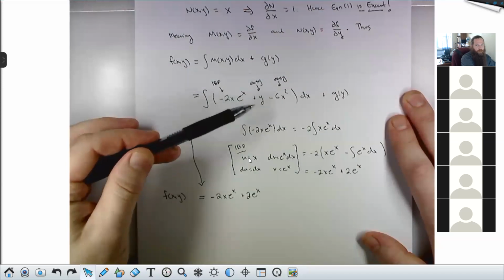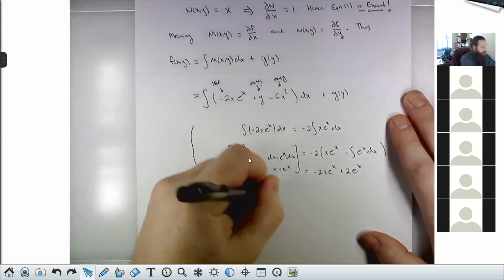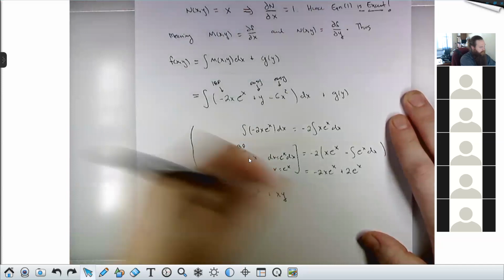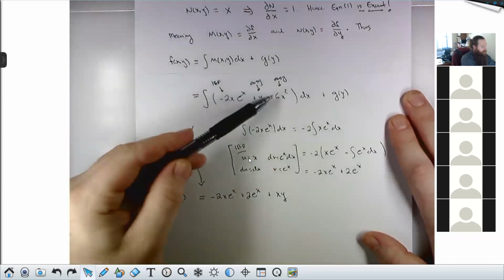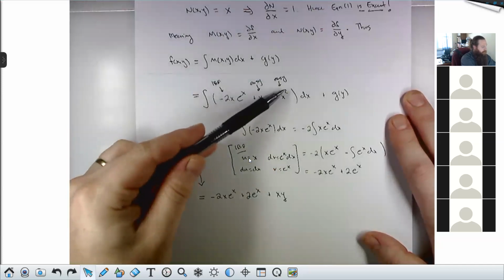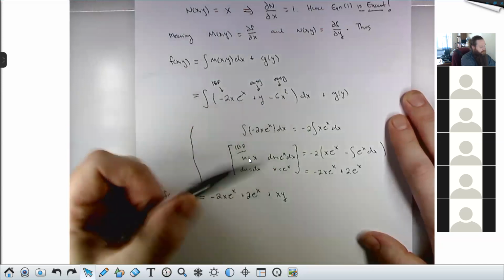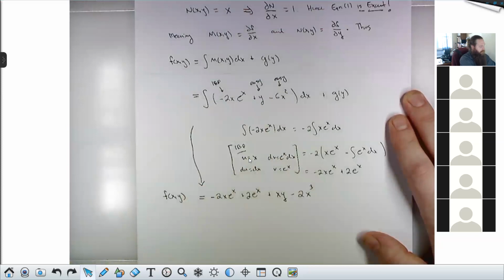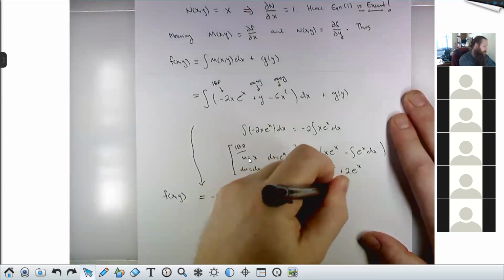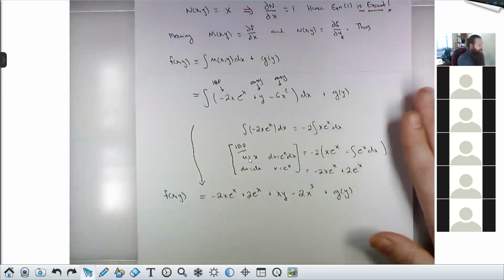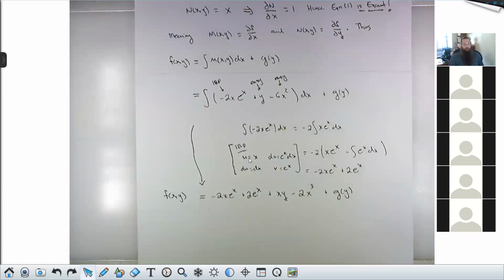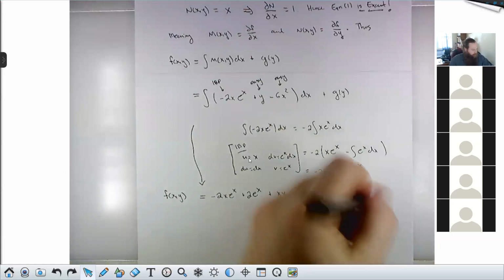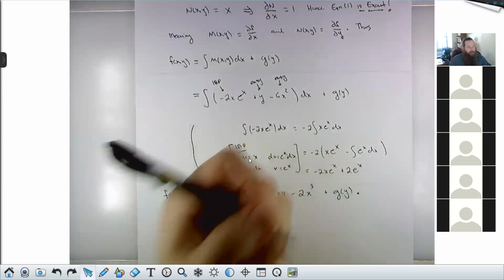And again, the integral of y dx is xy or yx. And then minus the integral of this. So the x squared becomes x cubed over 3, 6 over 3 is 2. So this is minus 2x cubed. And then we still have our plus g of y. So period. So our first big step done.